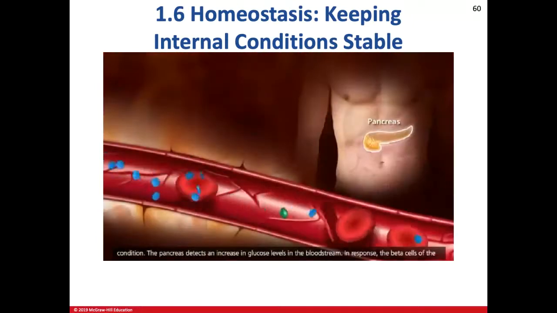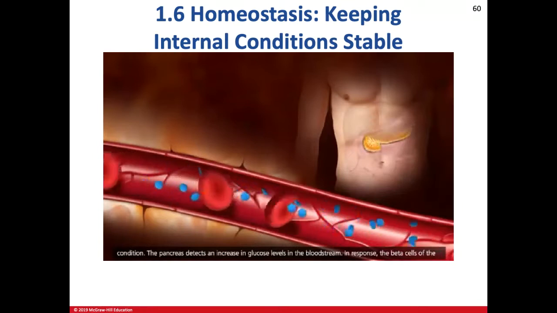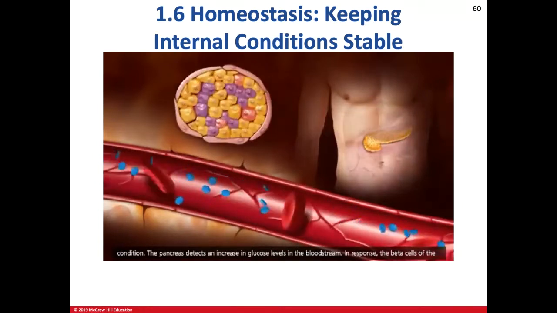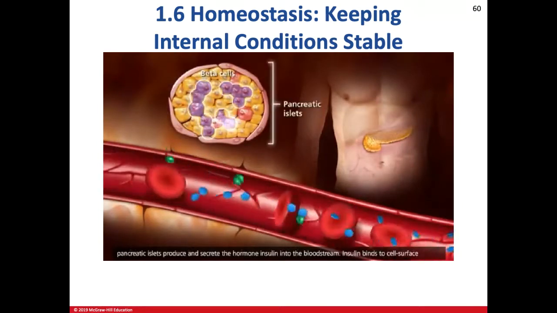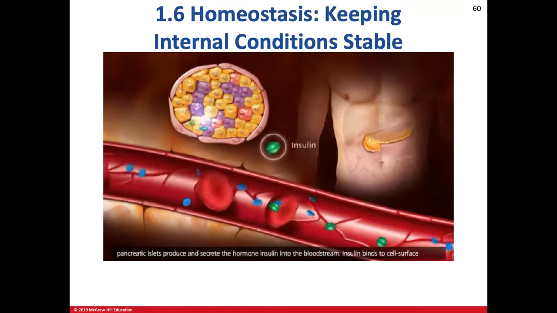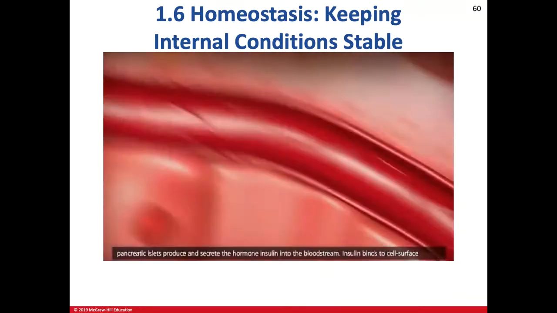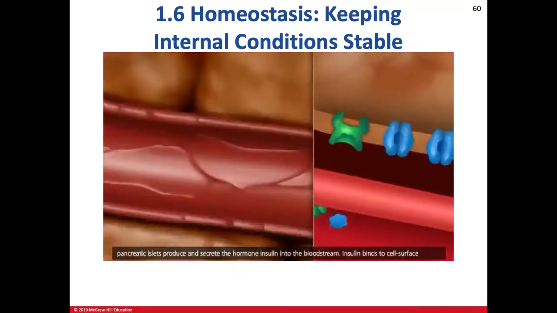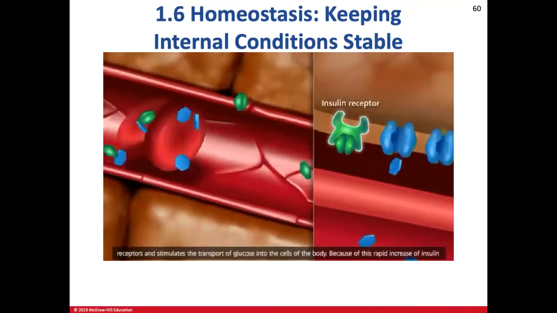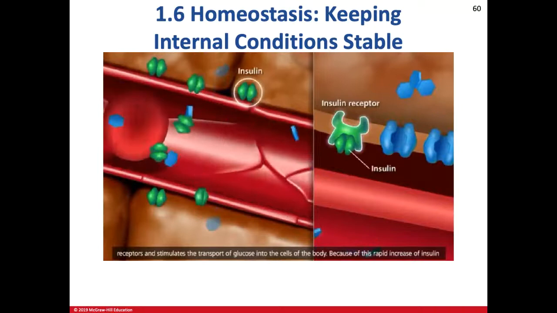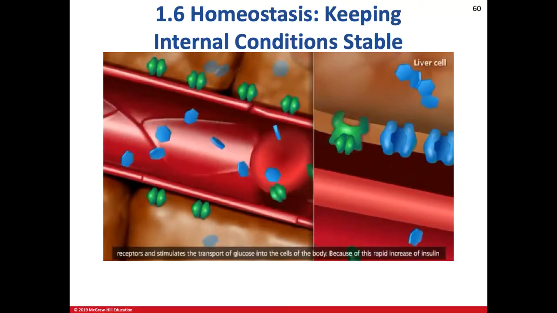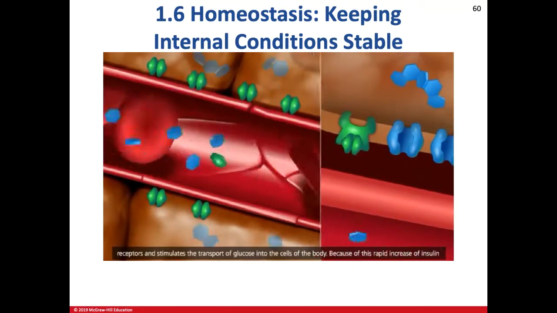The pancreas detects an increase in glucose levels in the bloodstream. In response, the beta cells of the pancreatic islets produce and secrete the hormone insulin into the bloodstream. Insulin binds to cell surface receptors and stimulates the transport of glucose into the cells of the body.